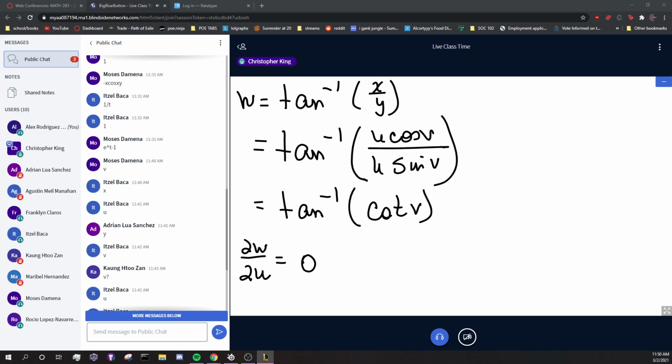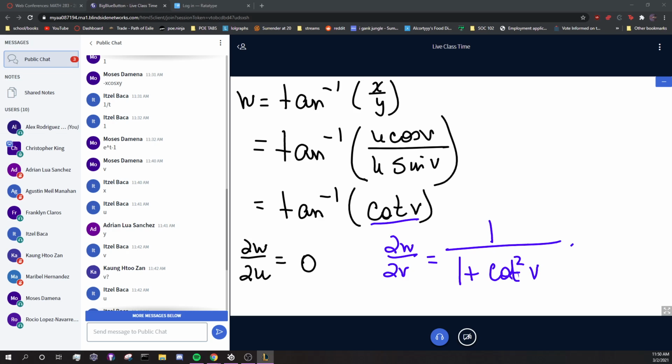Okay, and then the other one, if I do the partial of w in respect to v, that's going to be 1 over 1 plus cotangent squared, not cosine squared, times the square root of v. All right, so what's the derivative of cotangent? Negative cosecant squared.